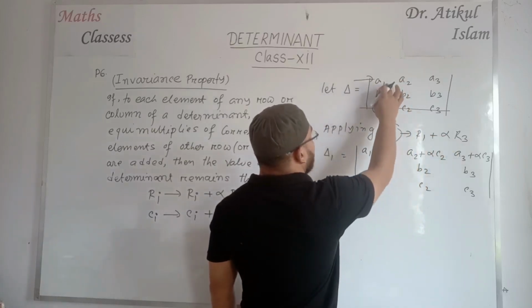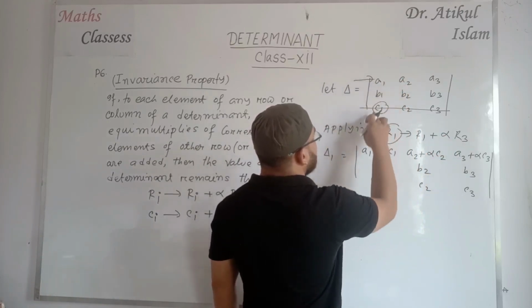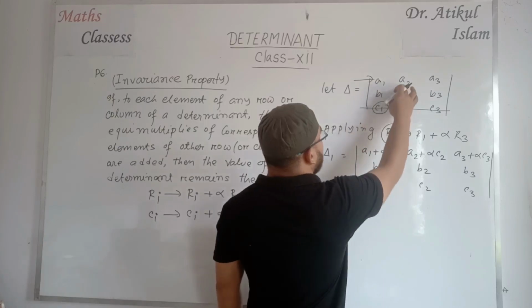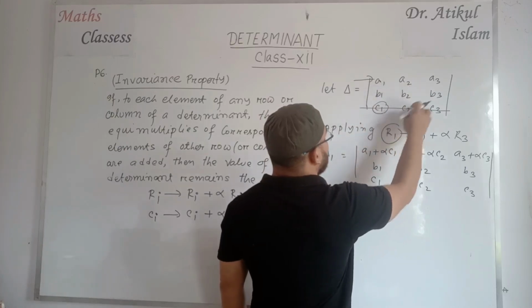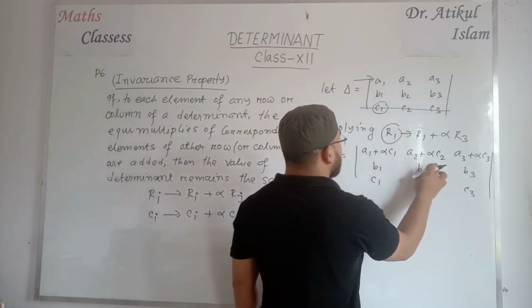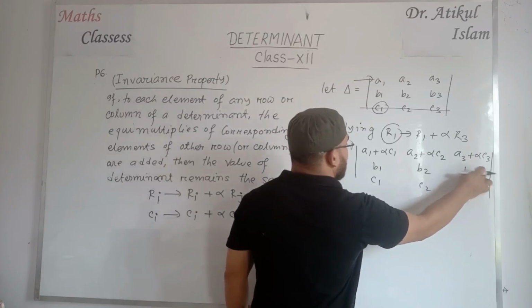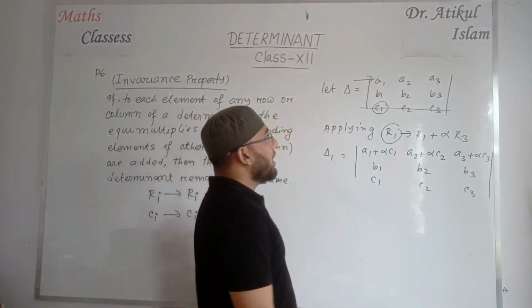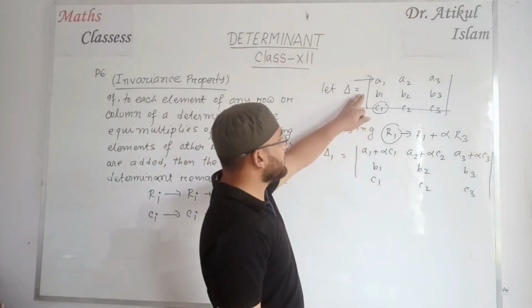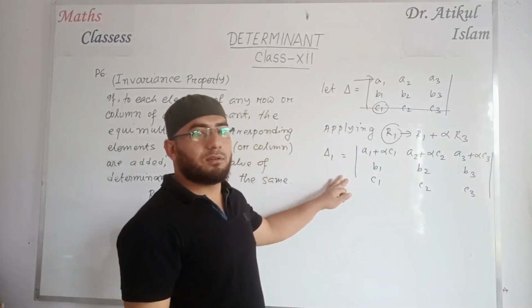So that is A1 plus alpha C1, A2 plus alpha C2, A3 plus alpha C3 will be the first row, and the remaining elements should be the same. Now if you find the value of this determinant and this determinant, the value will be the same.